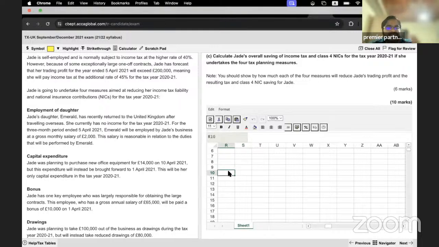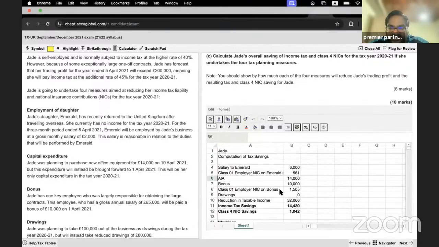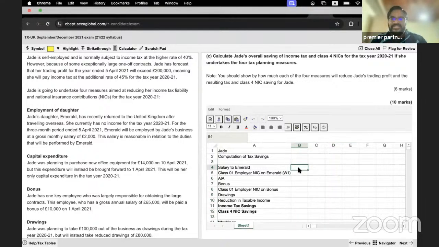Great. So are we okay with the last adjustments also? Awesome. Then let's move on to the calculation and see how we are going to tackle this. Okay, so let me take out the numbers. What I will try to do is take all the numbers in a positive way. Whatever creates a reduction in Jade's tax adjusted trading profit, I'm going to take as a positive number.